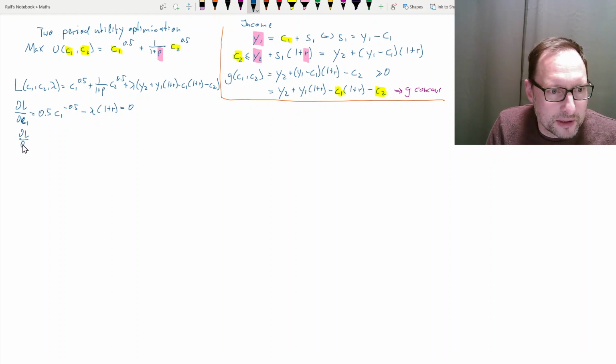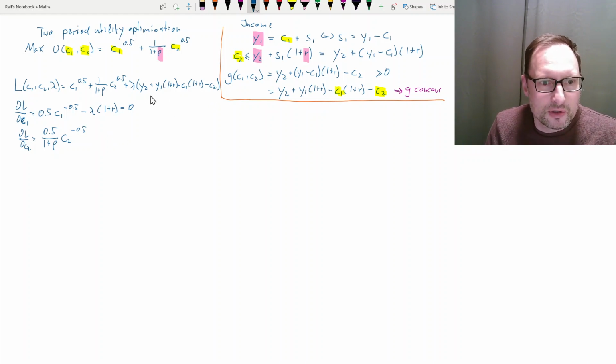Then the partial derivative with respect to the second variable, c2, ends up to be 0.5 divided by 1 plus rho, c2 to the negative 0.5, and then we have a c2 here in the constraint, but that's just minus c2, so lambda times minus c2, so the partial derivative of that is minus lambda, equal to 0.